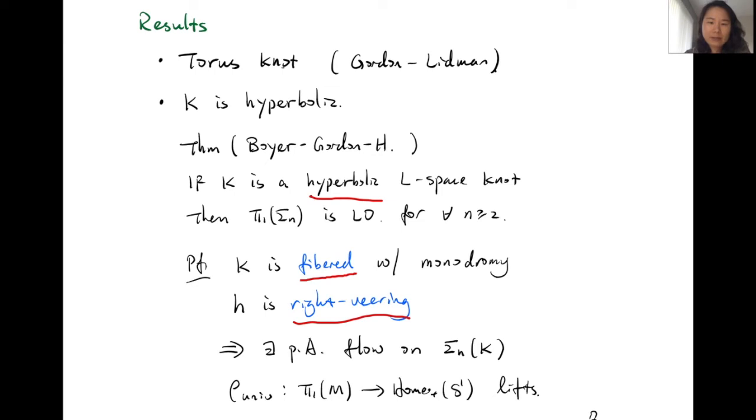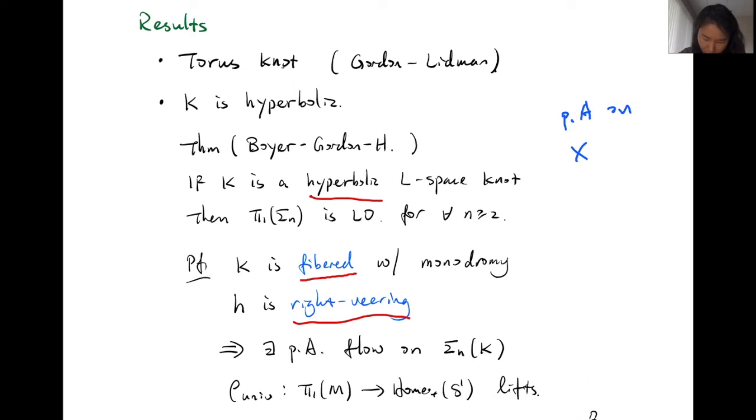So if you have any hyperbolic fibered knot with right-veering monodromy, the same thing is true. The proof uses the universal circle action from a pseudo-Anosov flow, and I will roughly explain this. First, you have a pseudo-Anosov flow on the complement of the knot. This is essentially given by the suspension of the monodromy, because it's hyperbolic.